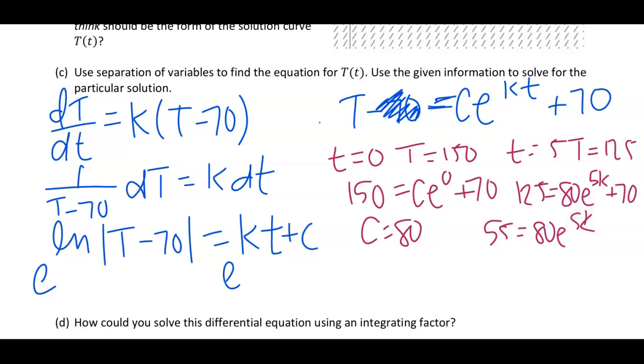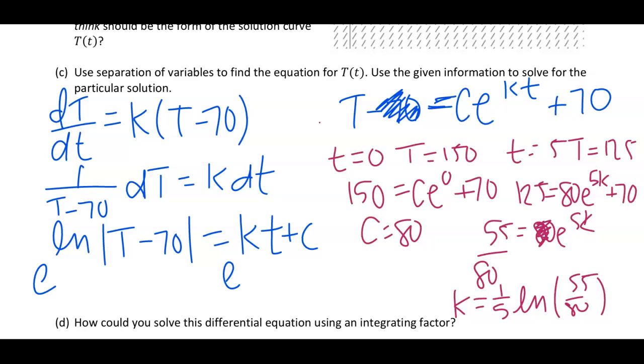I'm going to divide 80 on both sides. I'm going to take the natural log of that to get rid of the e and then divide by 5. So k is equal to 1/5 natural log of 55 over 80.